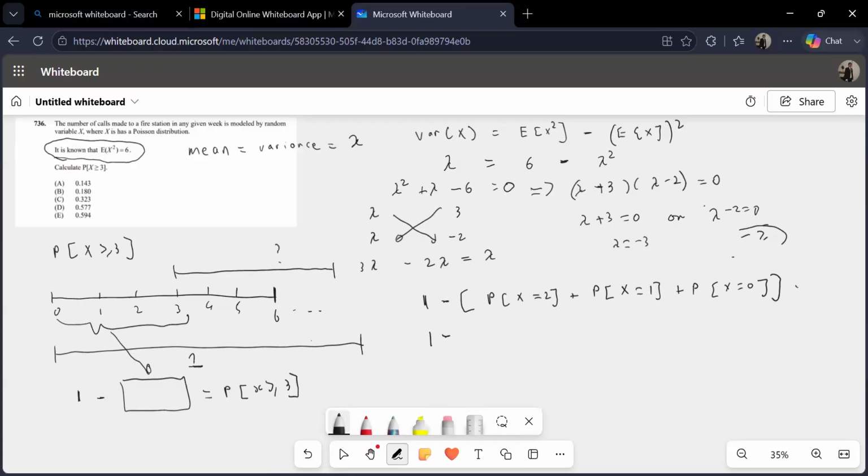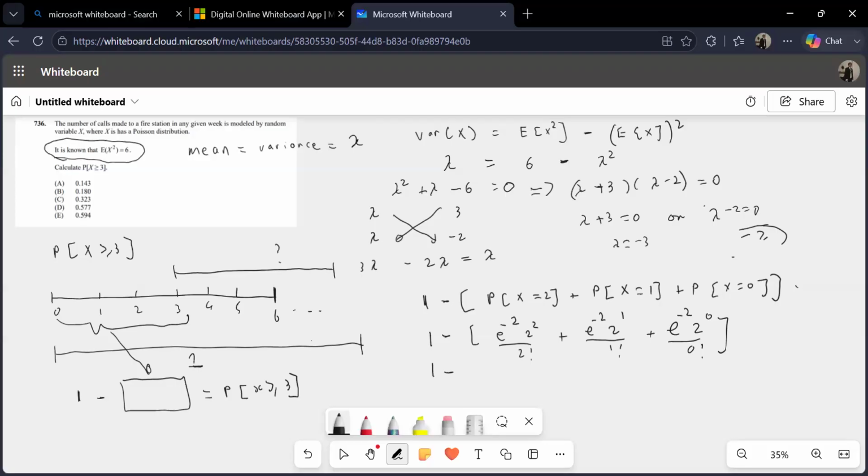Since we know our lambda is 2, so e to the minus 2, 2 to the power 2 over 2 factorial, plus e to the minus 2, 2 to the power 1 over 1 factorial, plus e to the minus 2, 2 to the power 0 over 0 factorial.